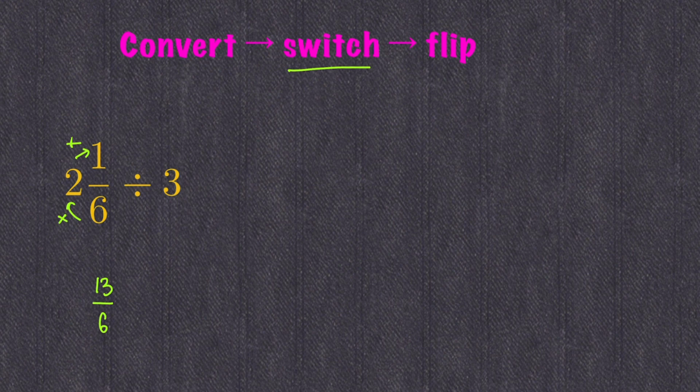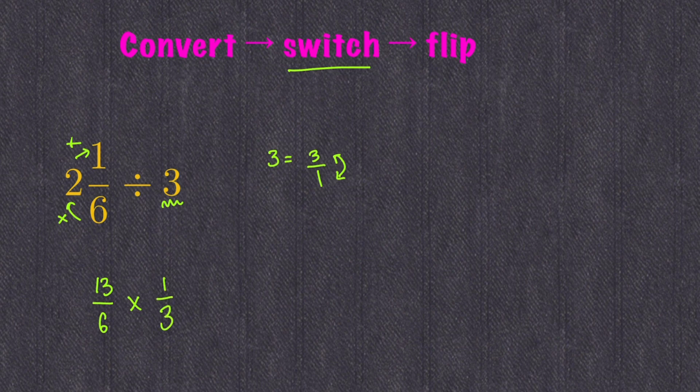So the division sign becomes a times sign. And lastly, flip. This 3, which is a whole number, if I were to rewrite into a fraction form, is 3 over 1. And to flip and get the reciprocal, we're simply swapping sides. So 3 over 1 becomes 1 over 3.